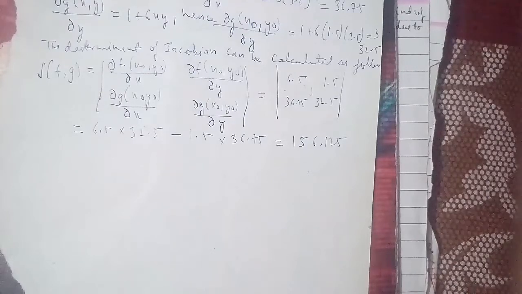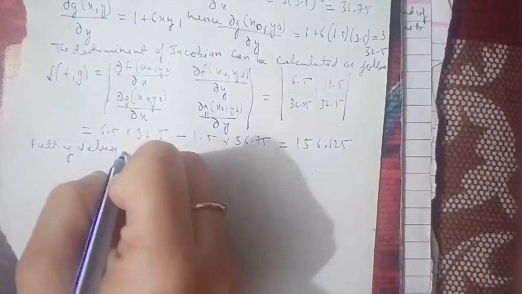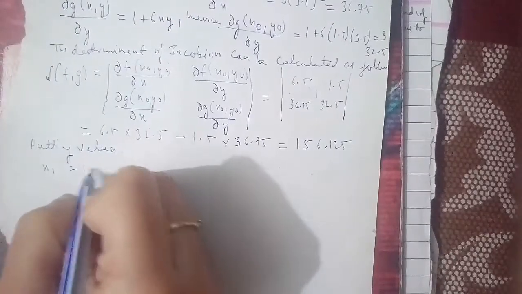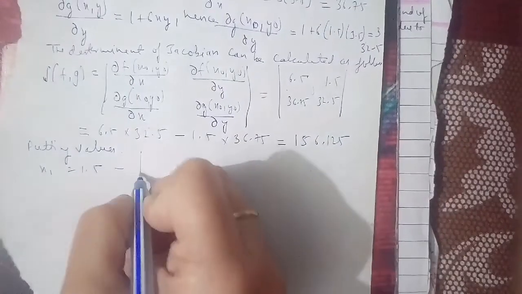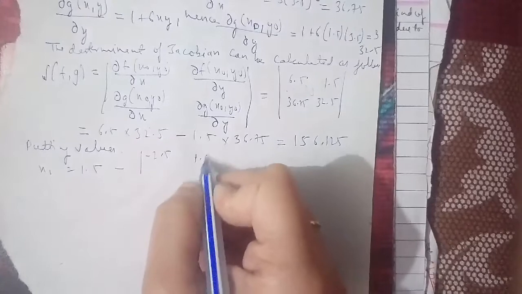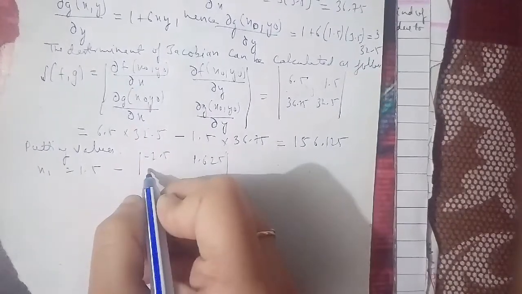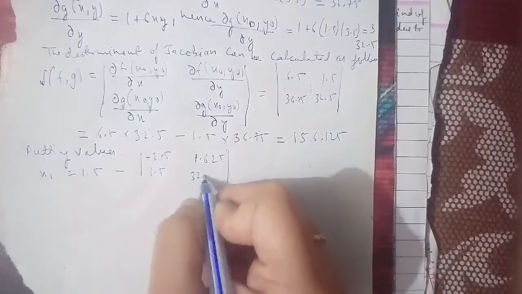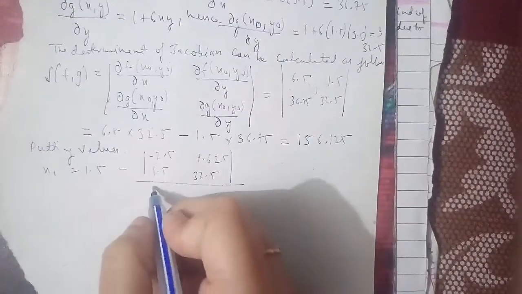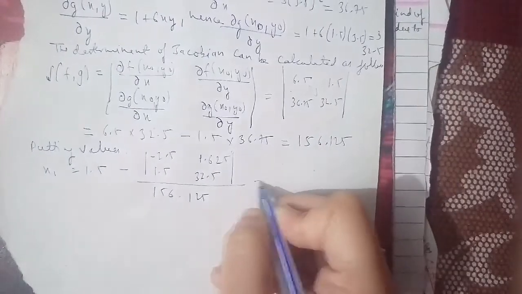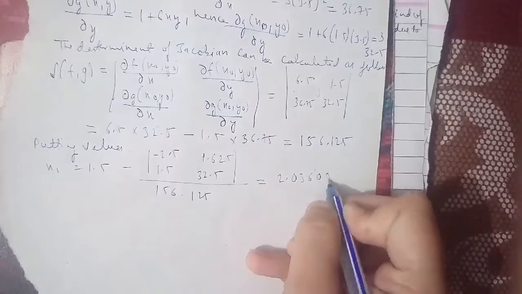Now we go ahead further. Putting the values in the equations that we had made up, x1 equals 1.5 minus the quantity of -2.5, 1.625, 1.5 and 32.5, whole upon 156.125, which equals 2.03603.